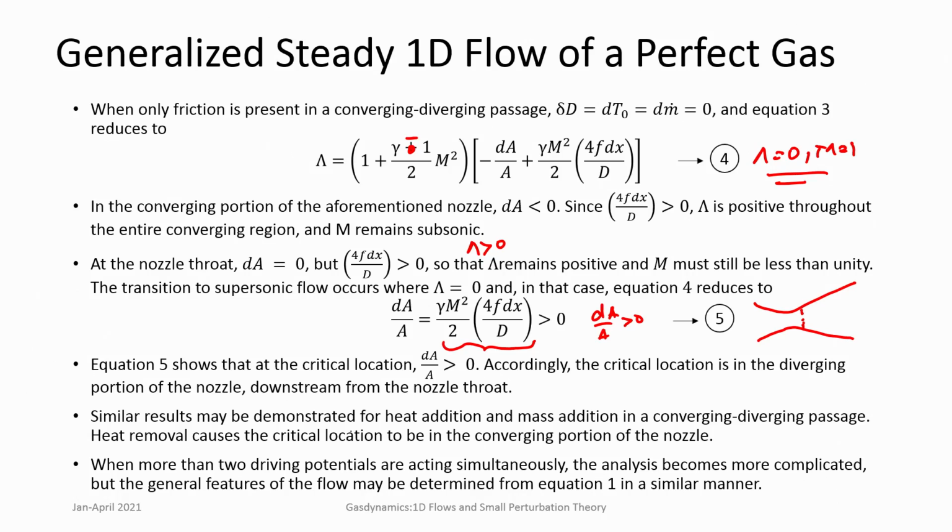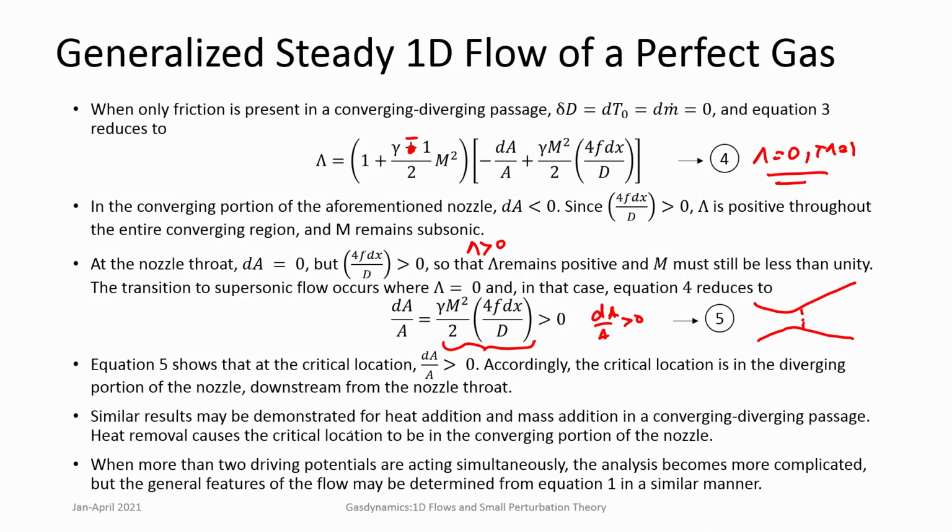Similarly, we can consider heat addition or mass addition. So the idea here was to introduce the topic of generalized quasi 1D and show that you can actually do the generalized solution where different driving potentials can be considered together, and we can look at solutions of them. These are useful for doing initial engineering calculations before going on to more of a CFD kind of approach or an experimental approach.